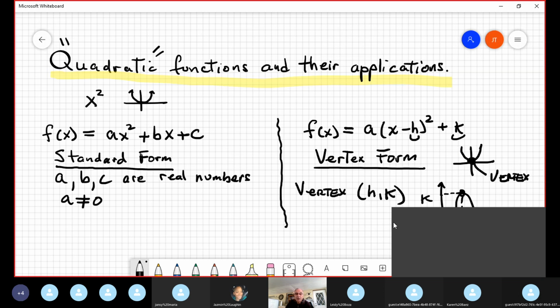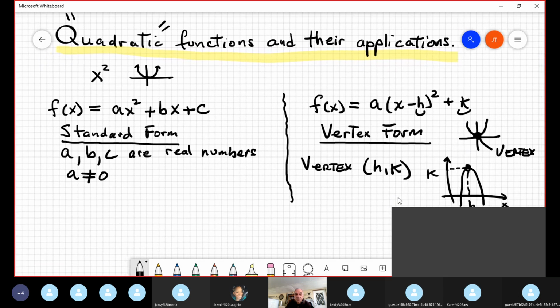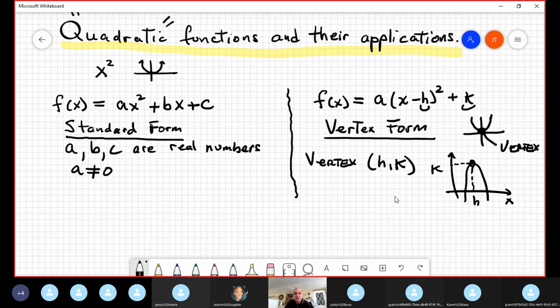Okay, now one more important thing I need to say at the beginning is that this A is exactly the same as this A. There are coincidences in between. And A is important because of the sign of A: if A is positive, the parabola opens up, and if A is negative, the parabola opens down.